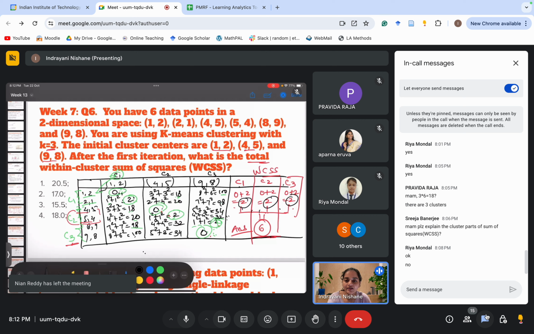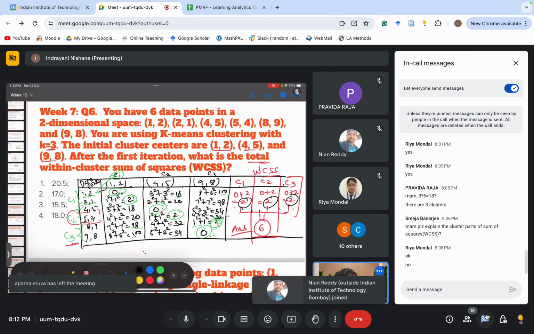We had 3 centers and we computed the distance of each data point from each cluster center.